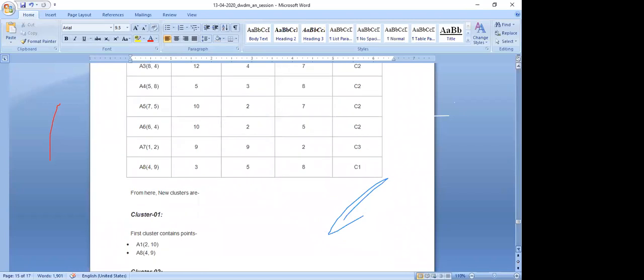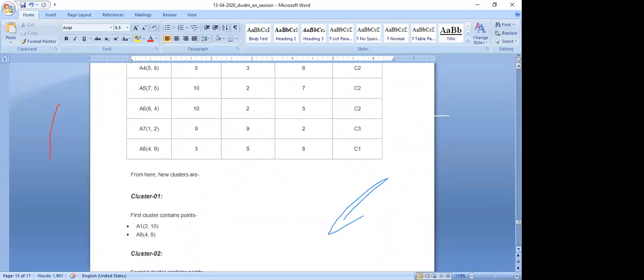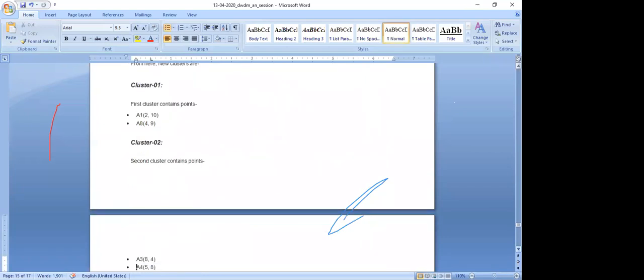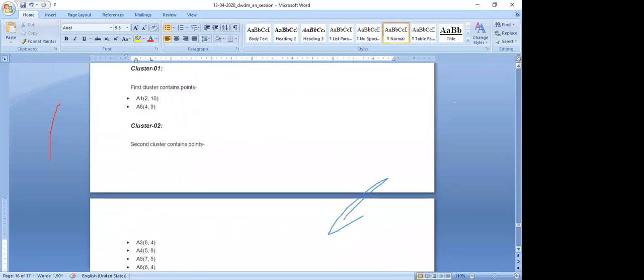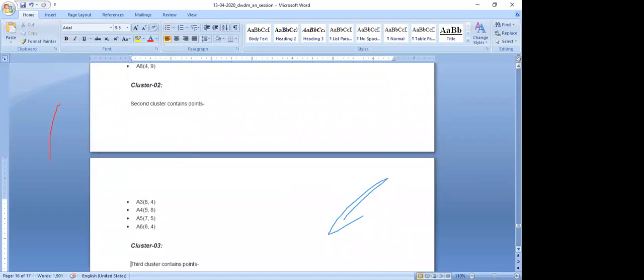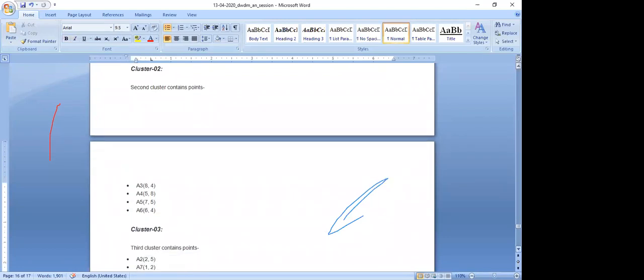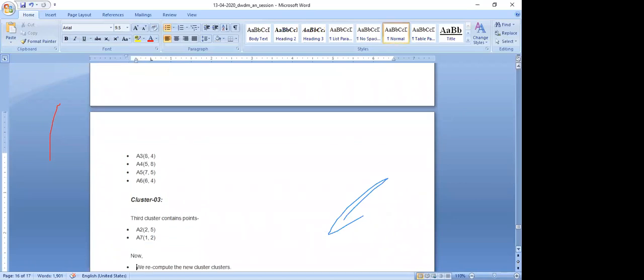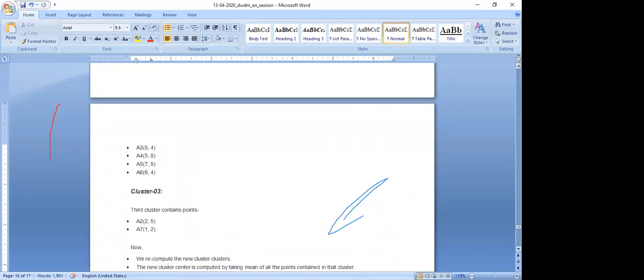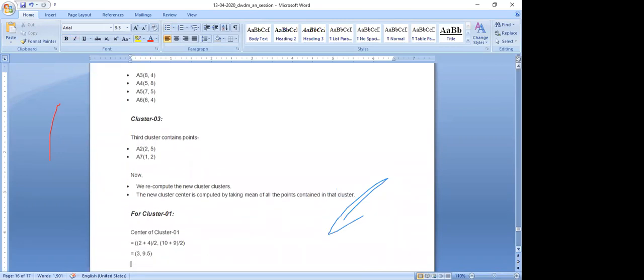So now the new clusters become: the first cluster contains A1 (2, 10) and A8 (4, 9), which is also moved to cluster 1. So the cluster mean will change here. Cluster 2 contains A3, A4, A5, A6, and cluster 3 contains only 2 data points. Now we have to recompute the new cluster centers, that is, the means. (2 plus 4) by 2 and (10 plus 9) by 2 gives the new cluster mean as 3, 9.5.